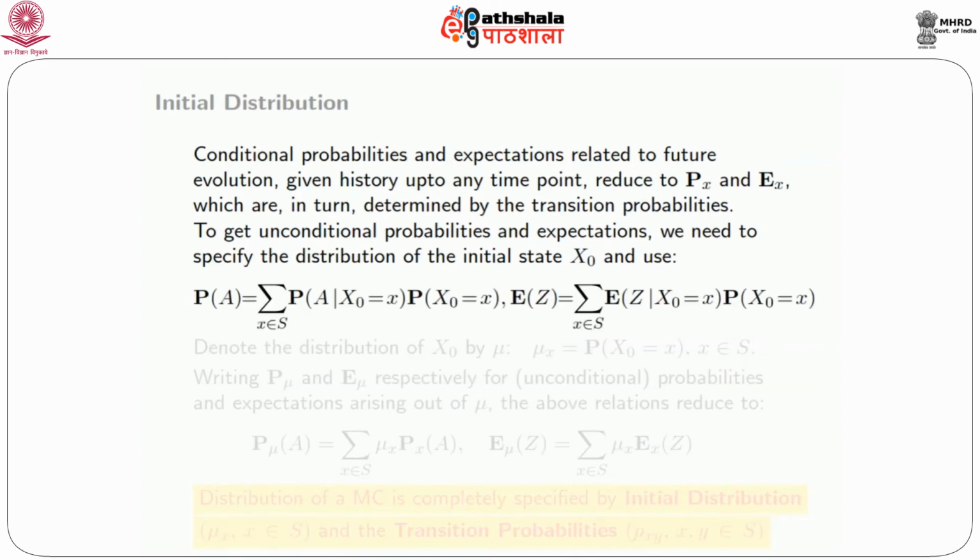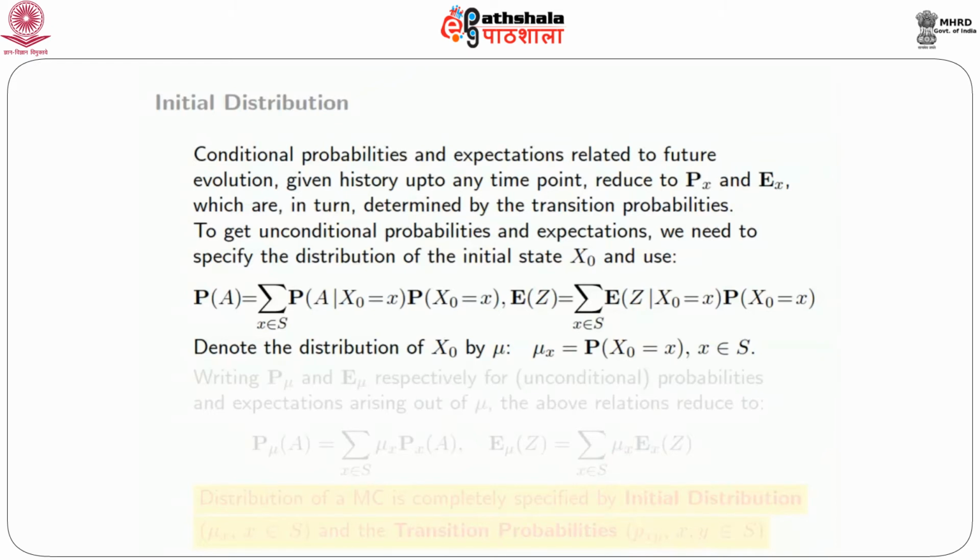and then use this simple result on unconditional probabilities or expectations as weighted sums of conditional probabilities and conditional expectations. So once you know the distribution of x naught, you can find those unconditional probabilities or expectations by that formula.